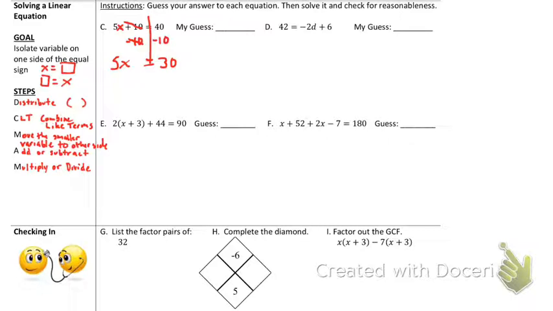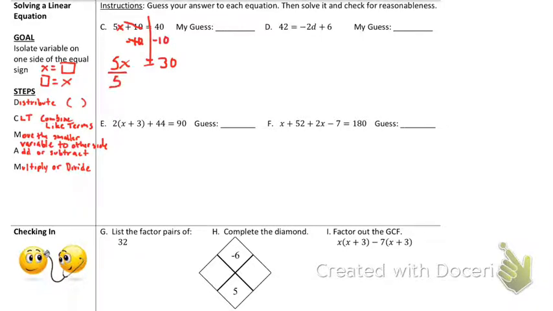Okay? So now we check. There's nothing else that is adding or subtracting that we have to move. Now we move anything that's multiplying or dividing next to our x. And as I mentioned before, 5 is multiplying our x, so we are going to move 5. To move 5, since it's multiplying, we do the opposite of multiplication, which is division.